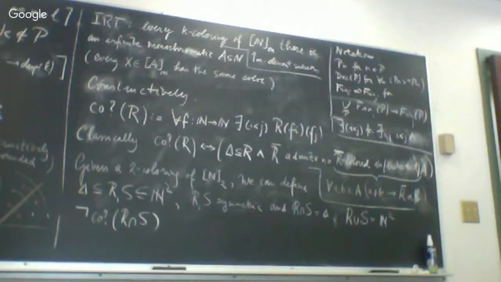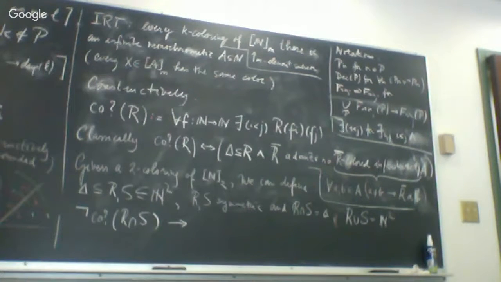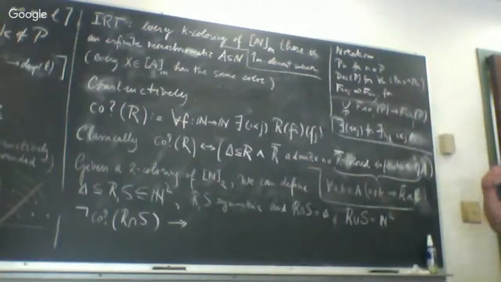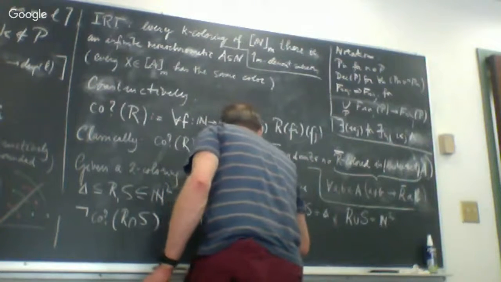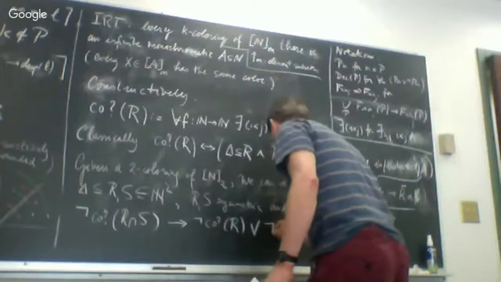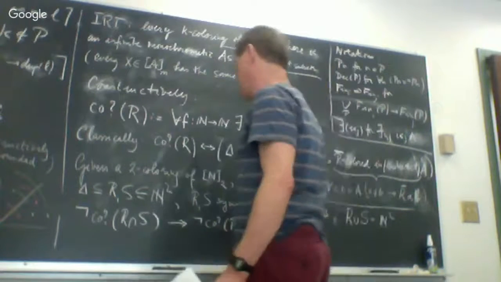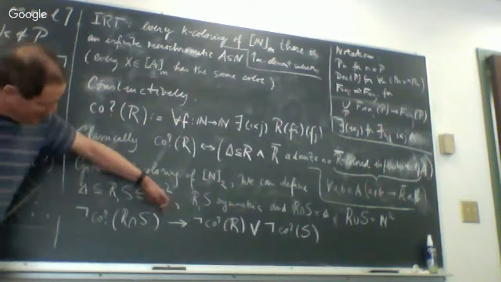So if we could now prove in this situation that either R is not co-something, or S is not co-something, then we get exactly the infinite Ramsey theorem, since this premise is fulfilled.